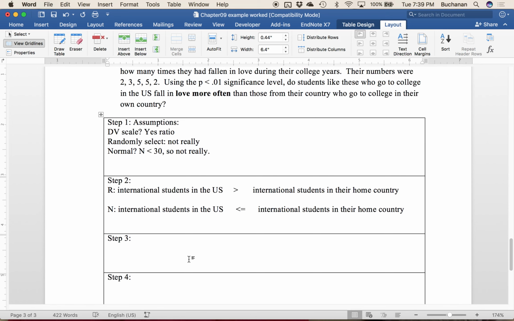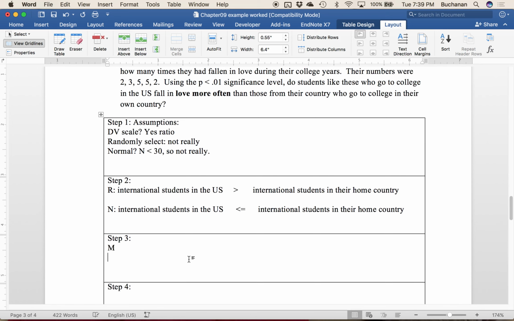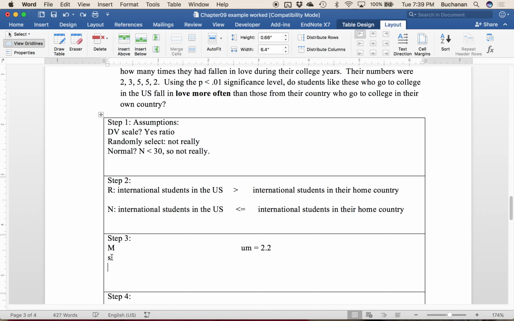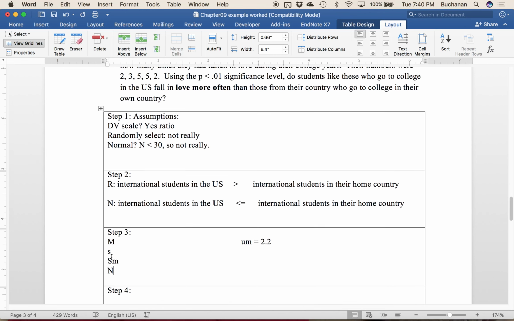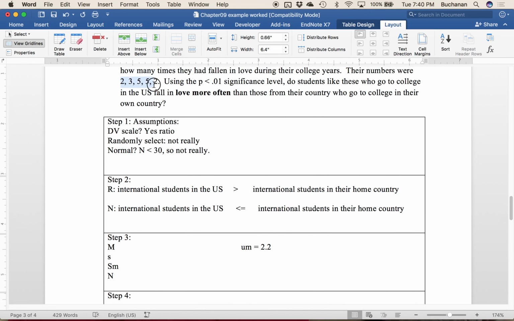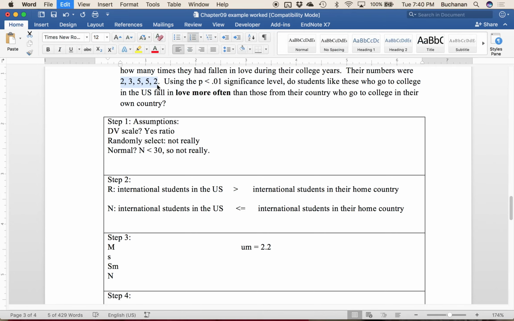I want the same numbers. So I want the sample mean, falling in love. We know the population mean is 2.2. Need the standard deviation, standard error, and then I'll list in because I need it for step 4. So I'm going to take these 5 numbers.